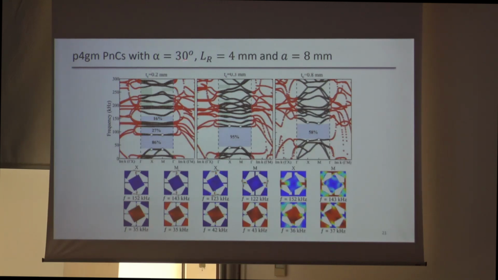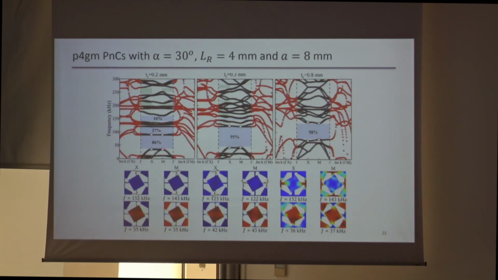When the alpha is 30 degrees, the resonator size is 4 millimeters, meaning it's fixed, and then we just change the connector widths. Again, the expectation is that if we decrease the connector widths, the band gap should get larger, because then the resonator will resonate more easily.